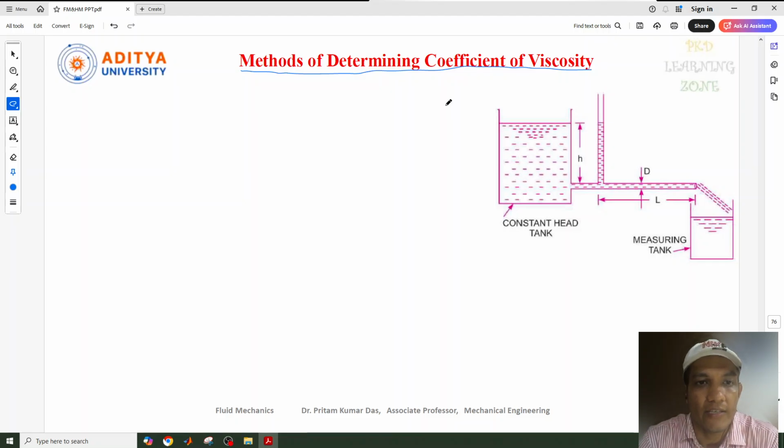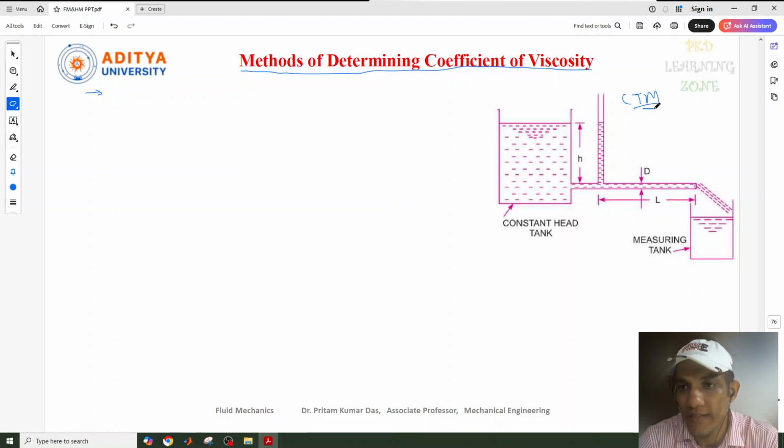As I mentioned, there are different types of methods to measure the coefficient of viscosity. What are the methods? The capillary tube method, or you can say CTM, which we are going to discuss today.